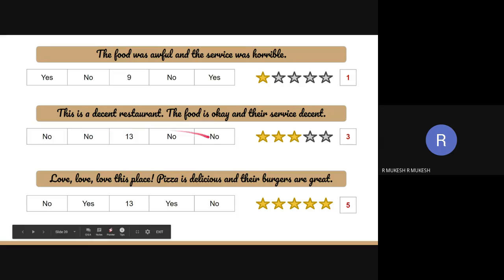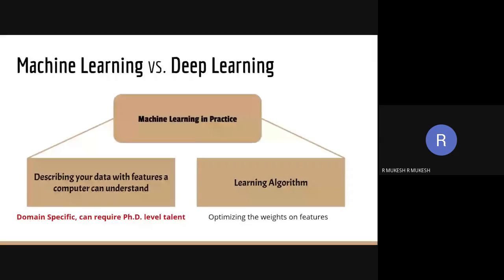Given a set of features for each text and the target, you could take a lot of such training examples in tabular form and use classifiers such as k-nearest neighbor, naive Bayes, SVM, decision trees, or any of the classifiers to train your models. So what we see is that there are limitations.